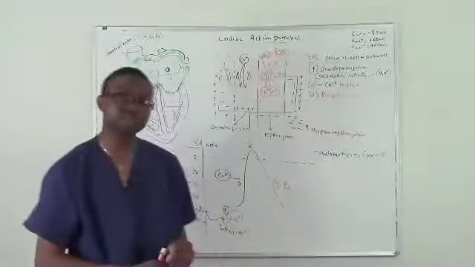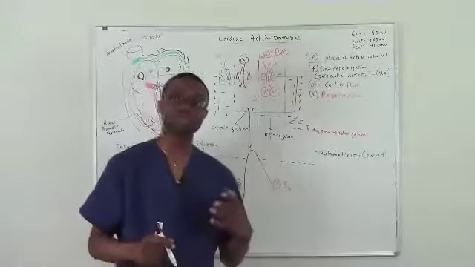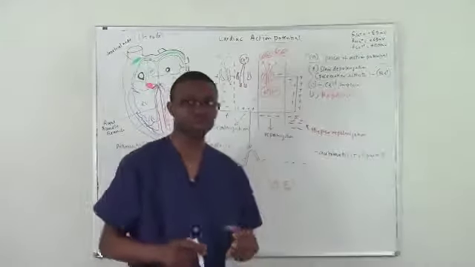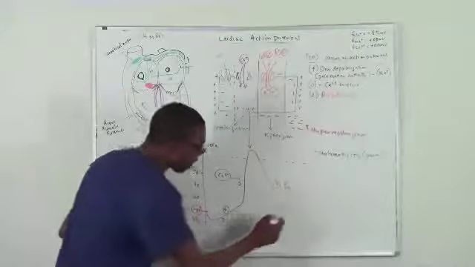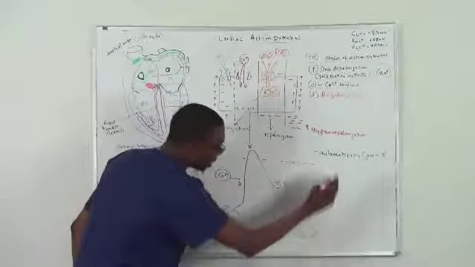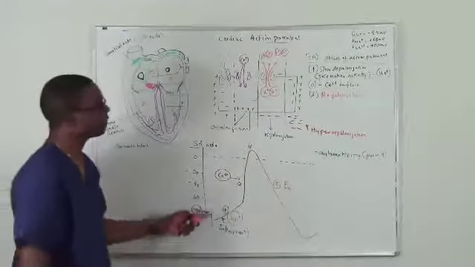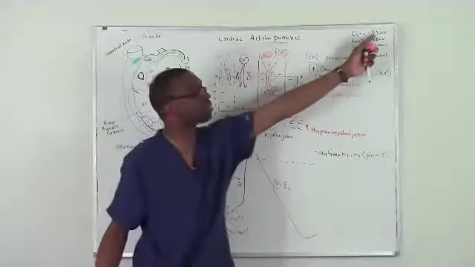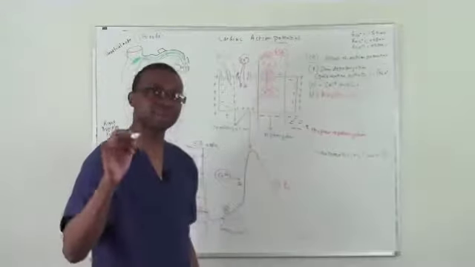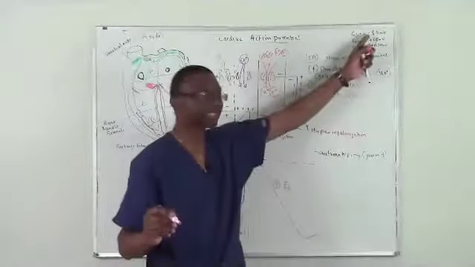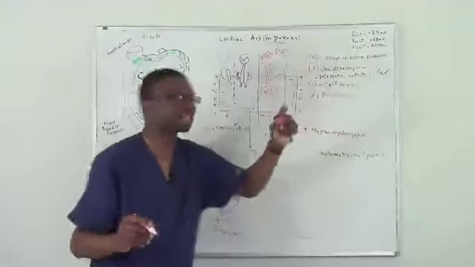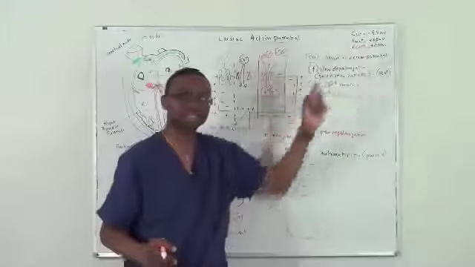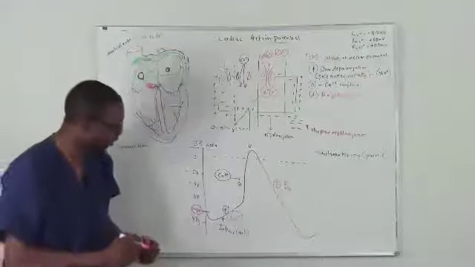Now that we say the SA node has repolarized, it's going to go all the way down to try to approach negative 85, which is the resting membrane potential of potassium. See? So that makes sense. That's why I wanted to show you these numbers initially at the beginning of the lecture.